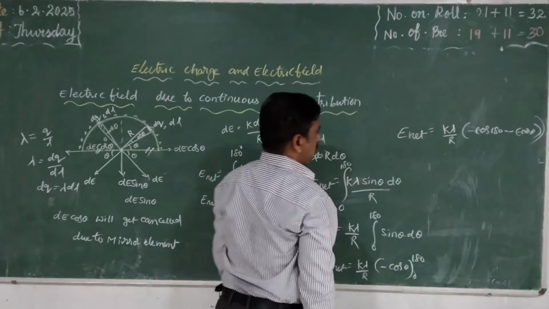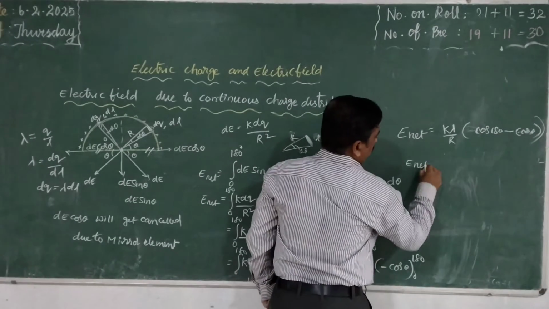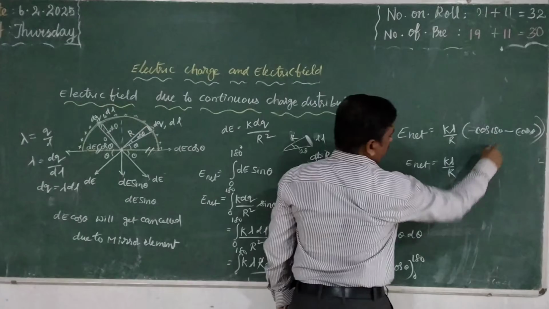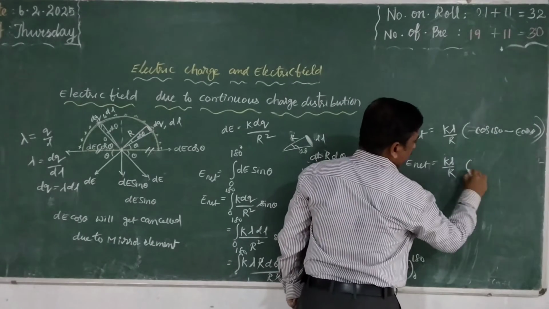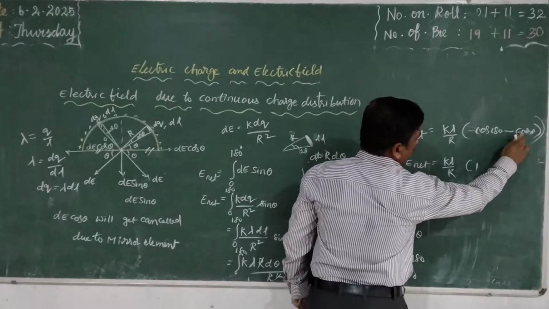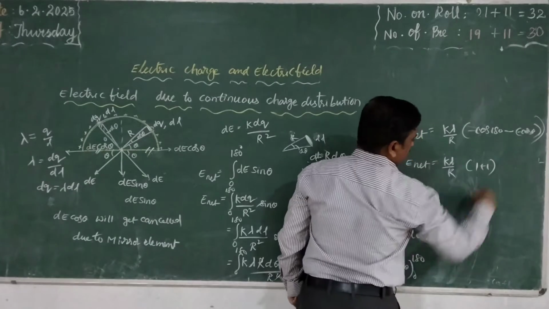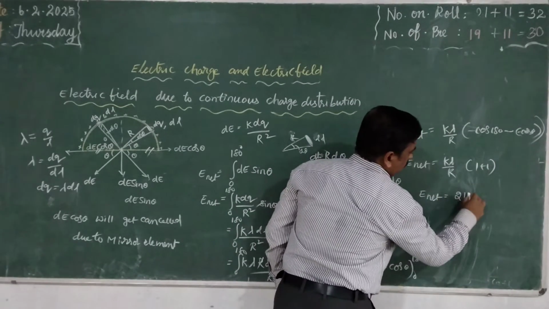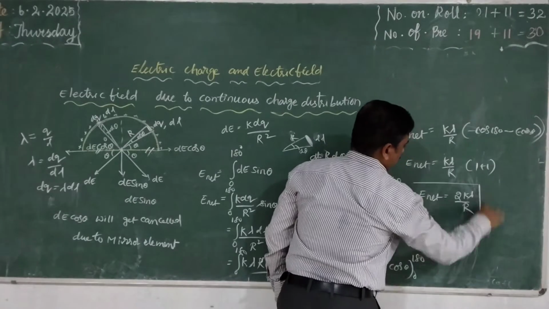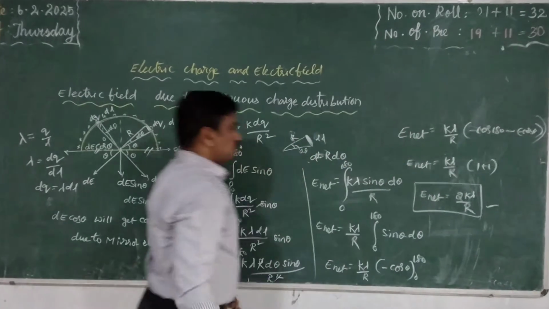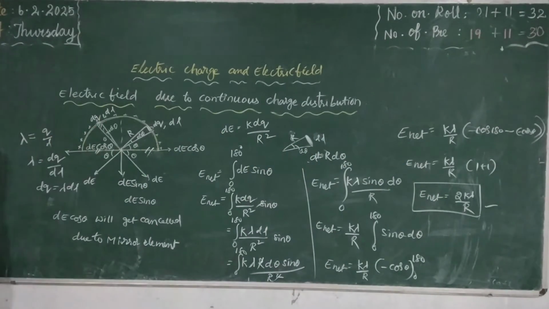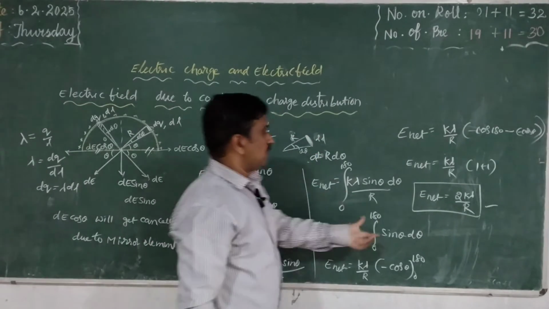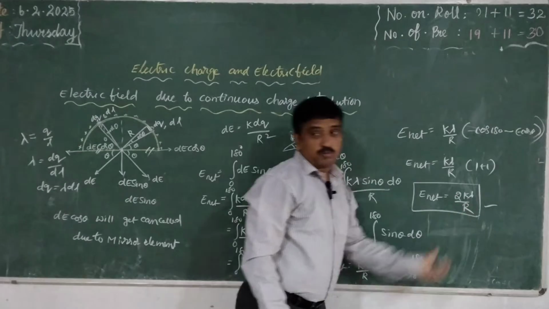Cos 180 is minus 1, and cos 0 is 1, so we get 1 plus 1. So E net equals 2k lambda by r. This is the net electric field due to the semicircular continuously charged rod.